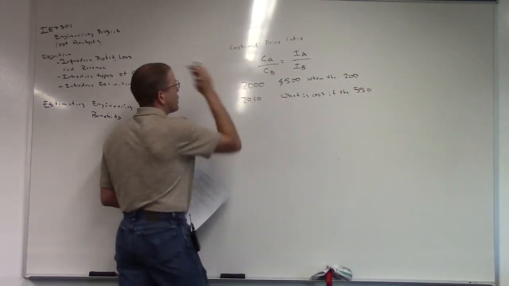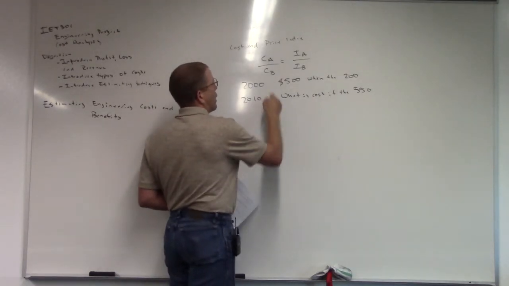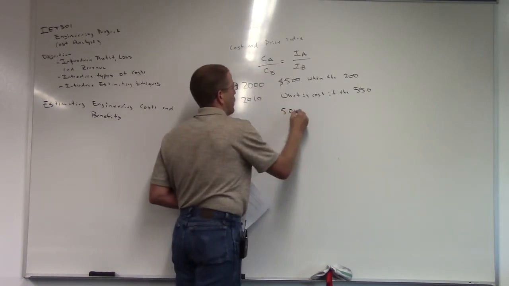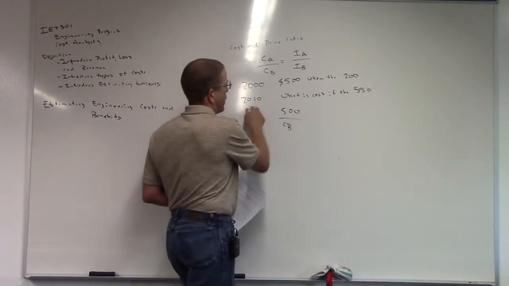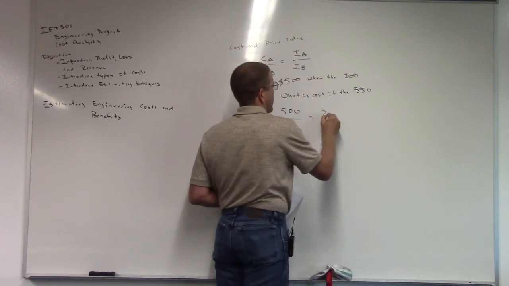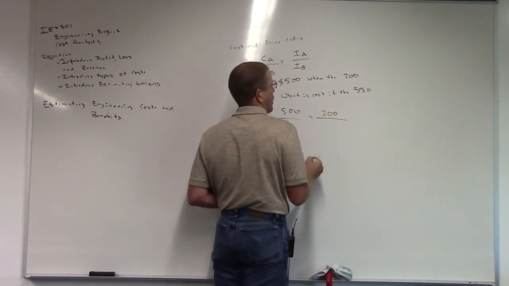So what we can do is use this cost and price index model to say that while our cost in year A, which is in year 2000, was 500, the cost in year B, in 2010, is unknown, but we know the relationship between the cost index. In 2000, the cost index was 200.